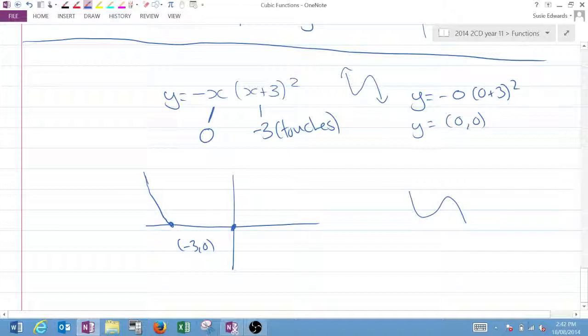It becomes a turning point. I then need to turn back to get to here. That's my line. And that's it. So if it's squared, it doesn't go through the line, it turns into a turning point. And you should now be able to sketch cubics.